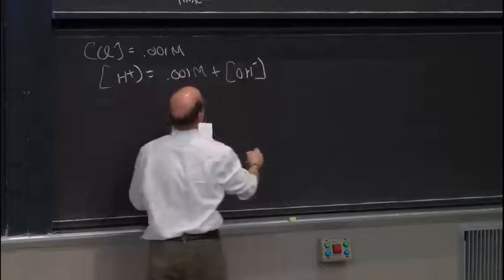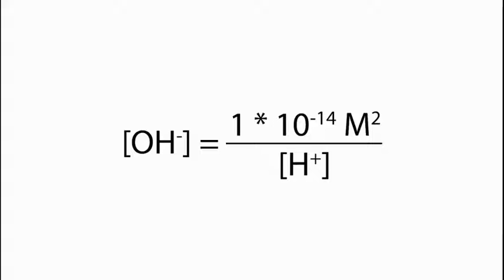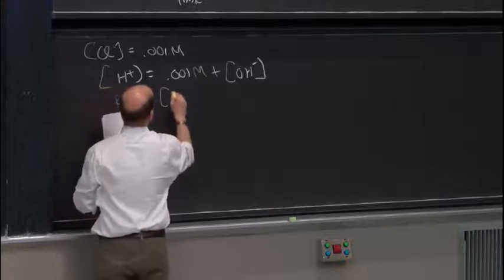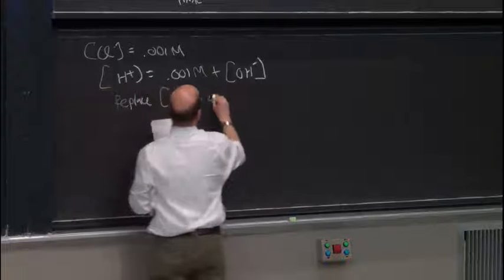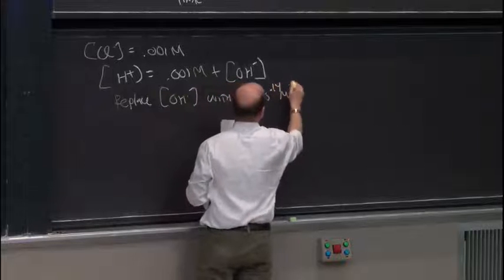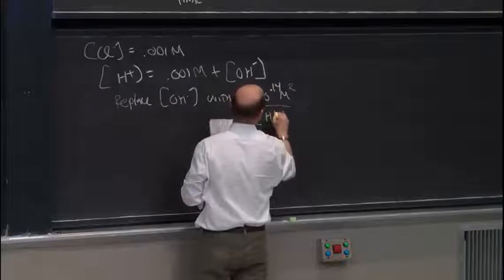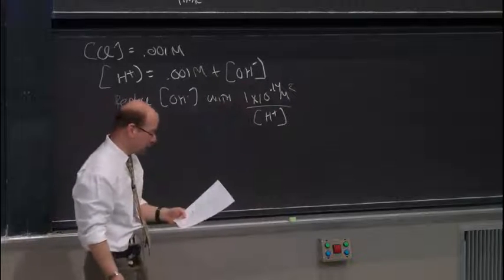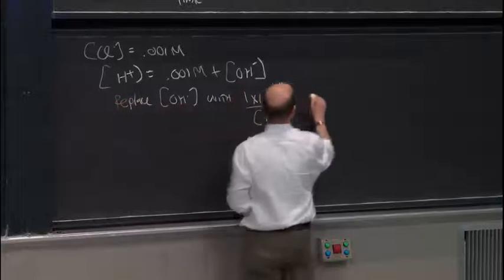And if I wanted to, I could use this equation for OH minus, replacing the concentration of OH minus with 1 times 10 to the minus 14 molar squared over the concentration of protons. If I plug that in, then I'm going to have a quadratic equation in protons, right?